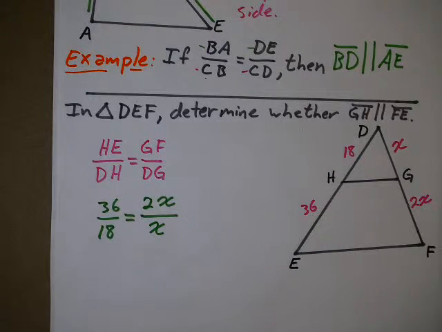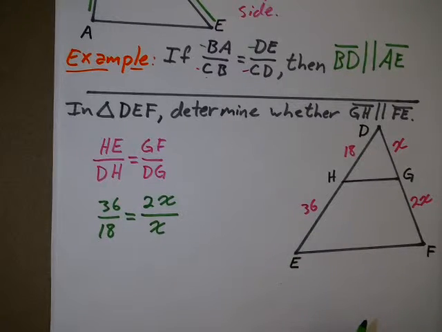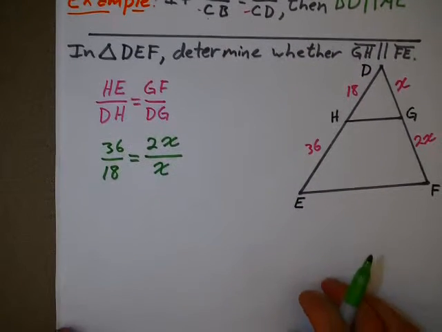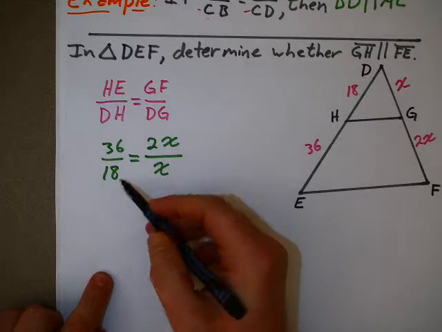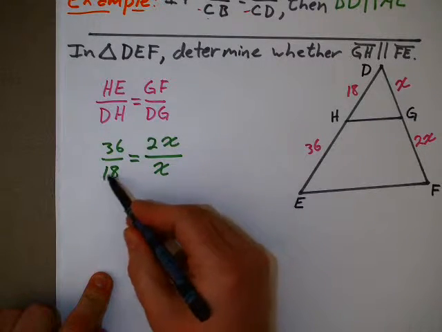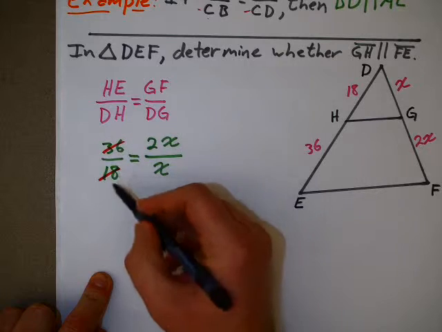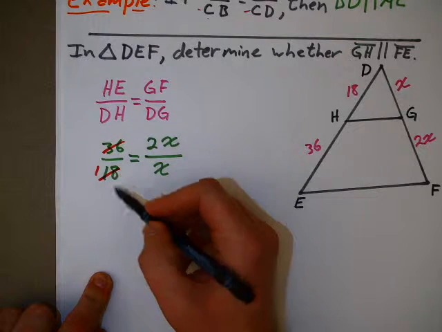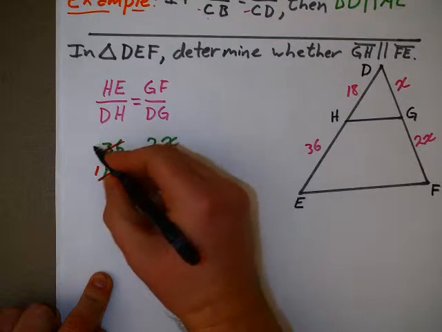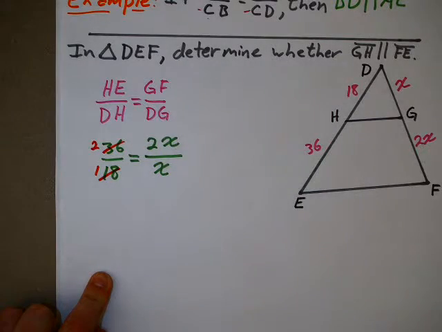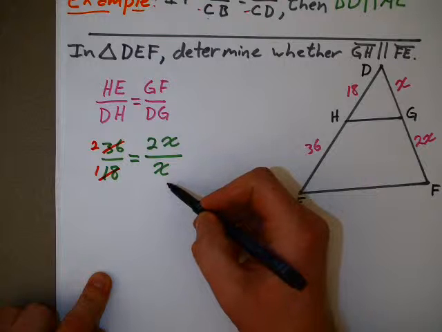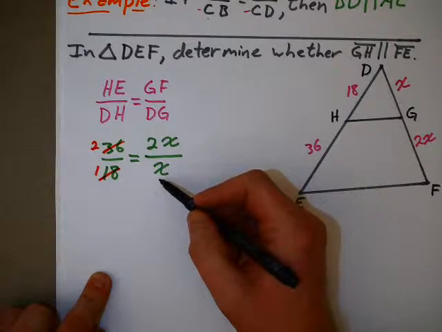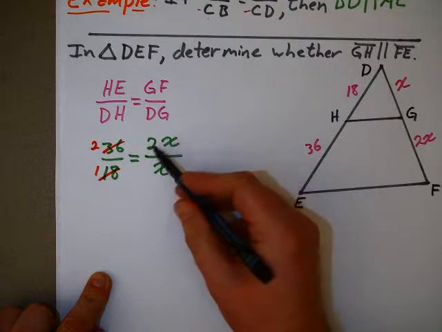Okay, so what we want to do now is simplify both of these fractions. I look at 18 and 36, and I know that 18 goes into both of those. 18 of course goes into 18 once, and 18 goes into 36 twice. And now I have 2x divided by x, and I can cancel out the x values because I'm multiplying.